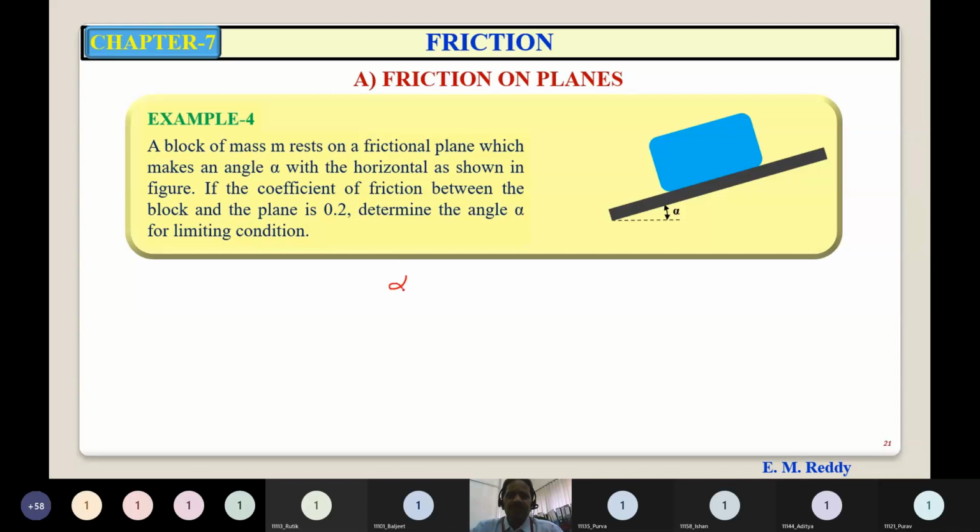So here you can say this alpha is the angle of repose. And we know that tan of angle of repose is equal to coefficient of static friction, that is 0.2. So alpha is equal to 11.31 degrees.